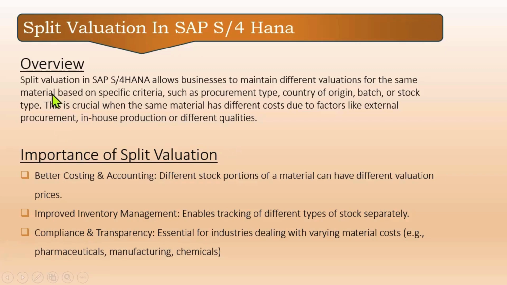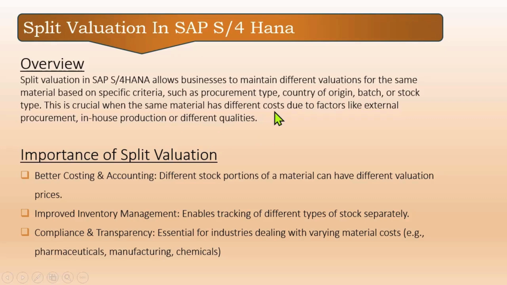So just to take a look at the overview, split valuation in SAP S/4HANA allows businesses to maintain different valuation for the same material based on specific criteria such as procurement type, country of origin, batch or stock type. This is crucial when the same material has different costs due to factors like external procurement, in-house production or different qualities.